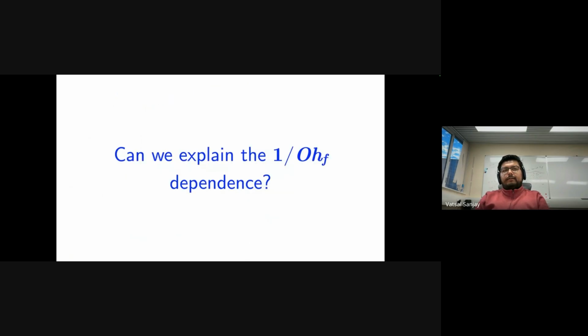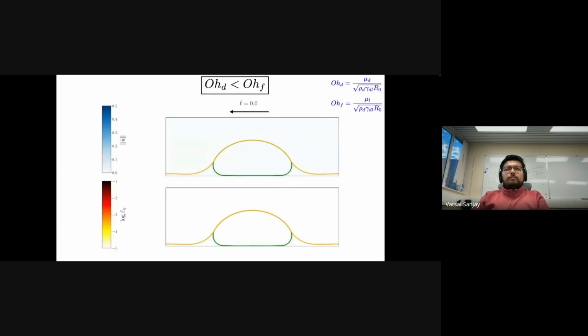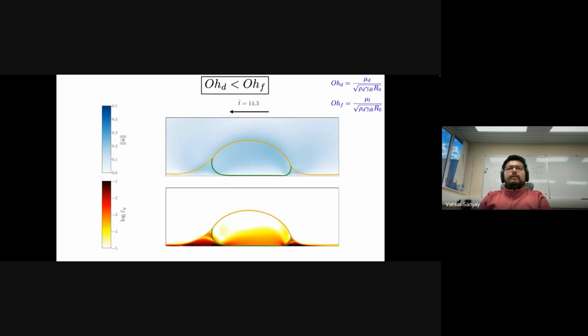In the same way, we once again ask, can we explain the 1 over Ohnesorge film dependence? So the same plot here, the only difference is that in this case the Ohnesorge film is higher than the Ohnesorge droplet. It's on the same color scale as before. And you can see that the dissipation is now much more concentrated in the film, particularly close to the tip of the droplet and close to the tail of the droplet, where the regions are completely dark black, which denotes regions of very high dissipation.